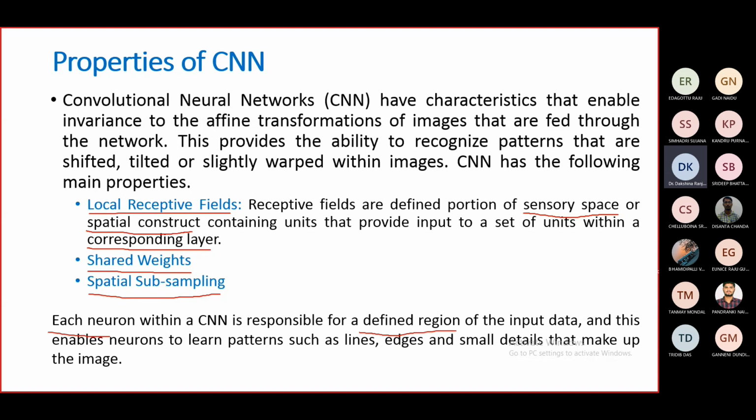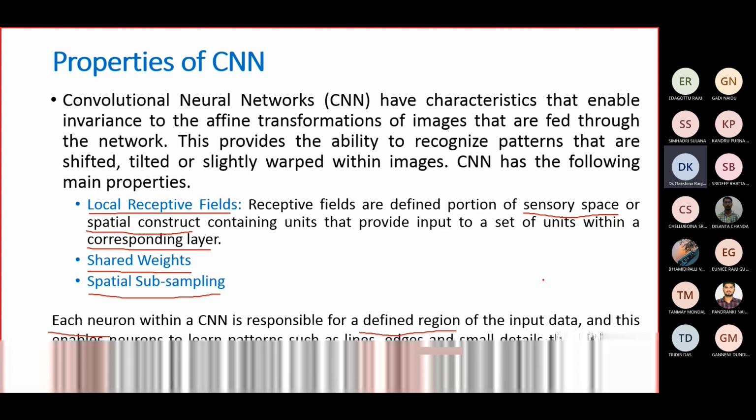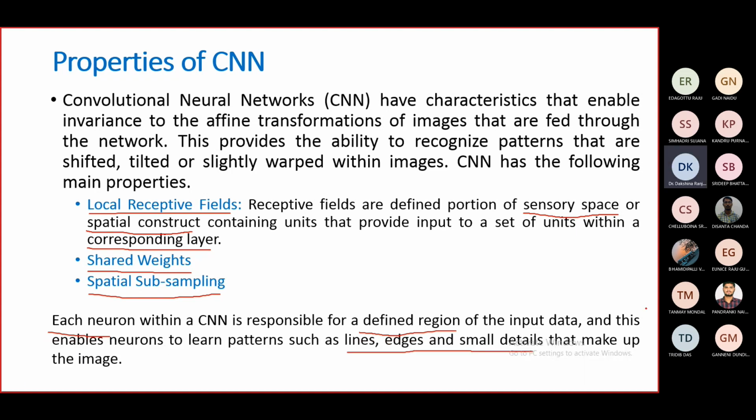This defined region will enable the neurons to learn patterns such as lines, edges, and small details. These are found as low-level features and mid-level features, as well as some high-level features, and this will make up the image.